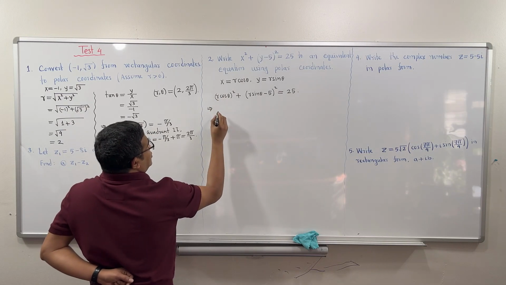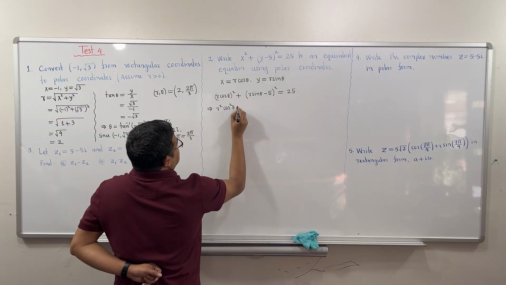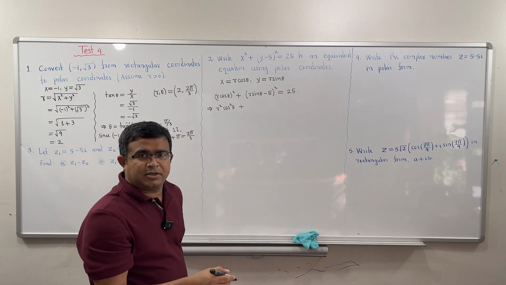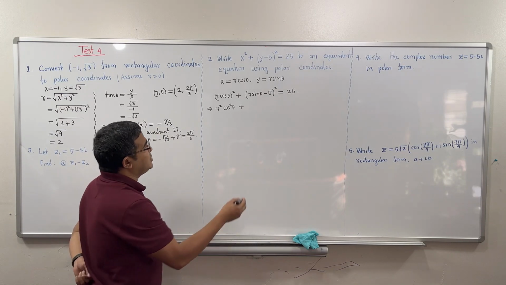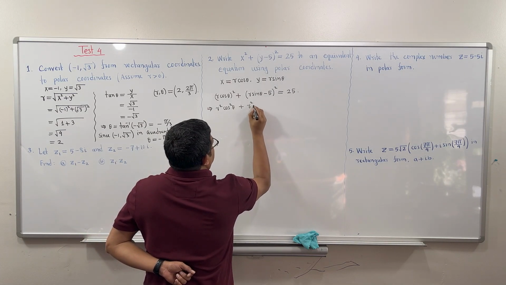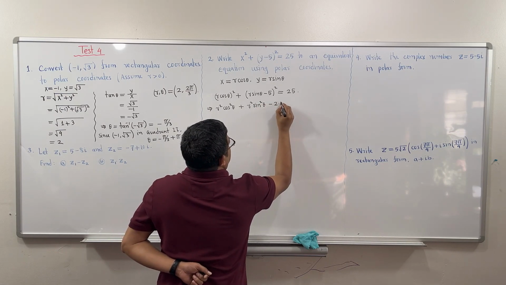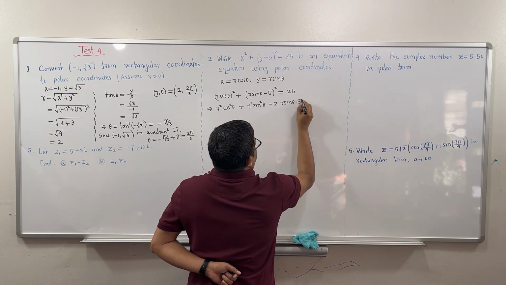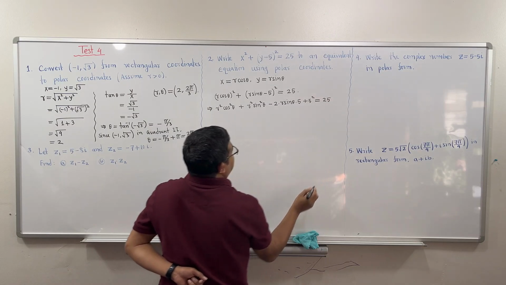So if you take the square of that one, it would be r square cosine square theta, and if we expand this one, the a minus b whole square formula, which is a square minus 2ab plus b square, that means r square sine square theta minus 2 times r sine theta times 5 plus 5 square equals 25.